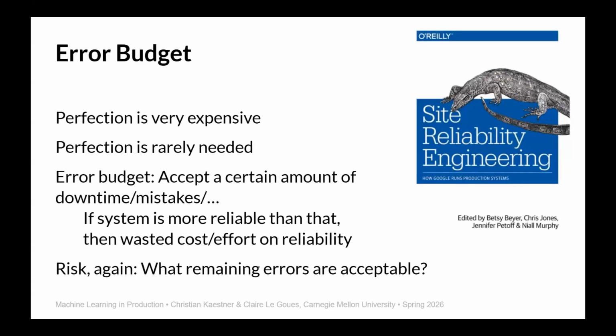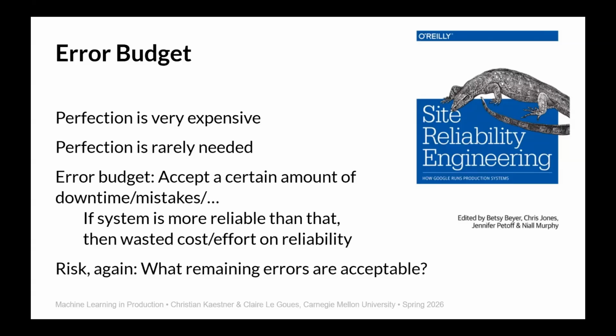There's also the idea of an error budget. Google featured this a lot. If you never make mistakes in your system, you probably invested such a huge amount of time and effort into quality assurance that it would probably have been much better to let it crash a few times and cover the consequences.